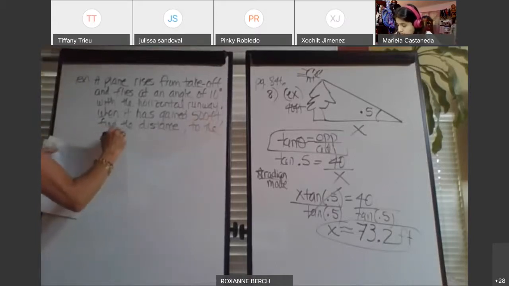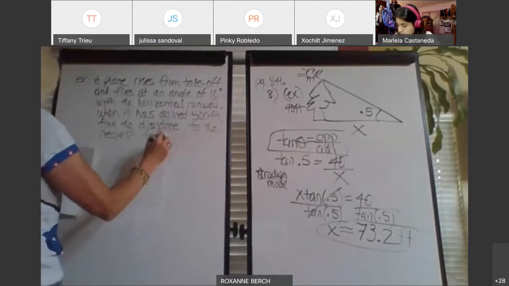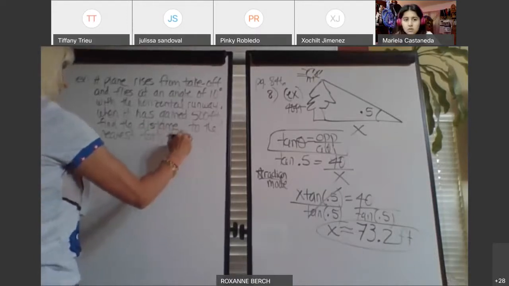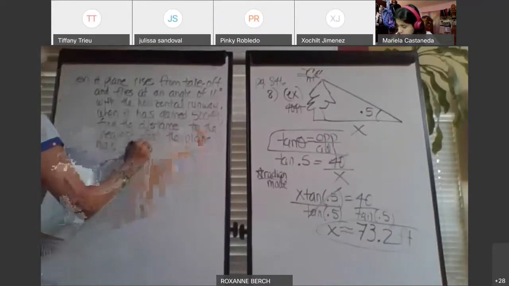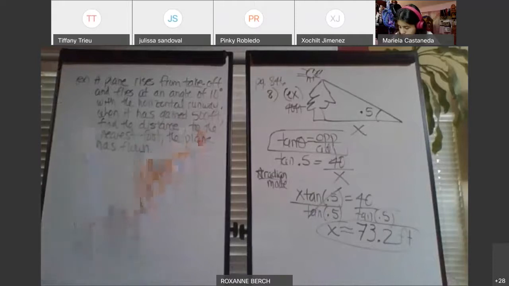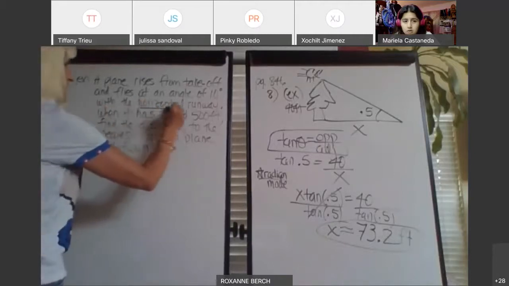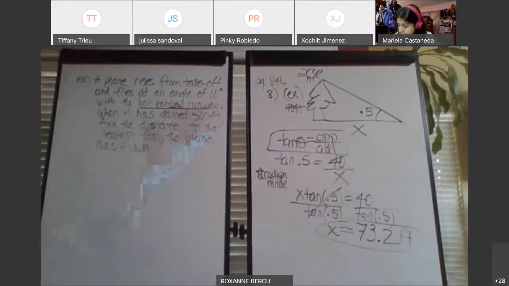Finally got some rounding here, the nearest foot. I probably put this in my notes because I just needed another example. A plane rises from takeoff and flies at an angle of 10 degrees with the horizontal runway. When it has gained 500 feet, find the distance to the nearest foot the plane has flown.